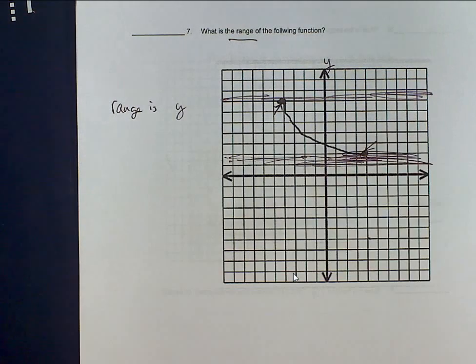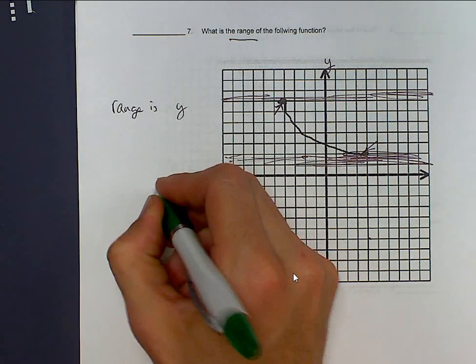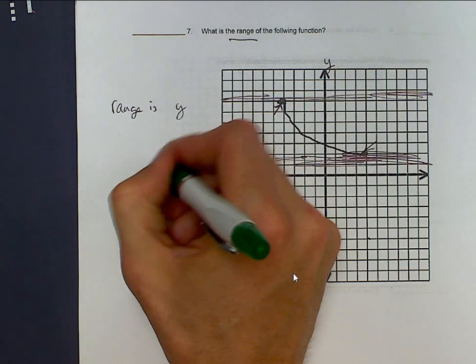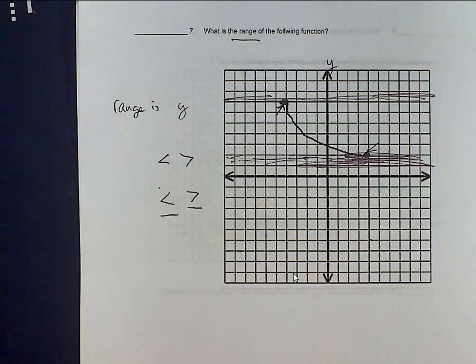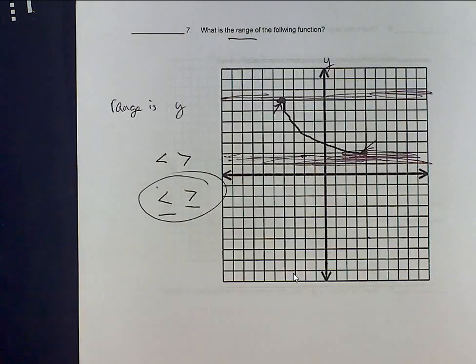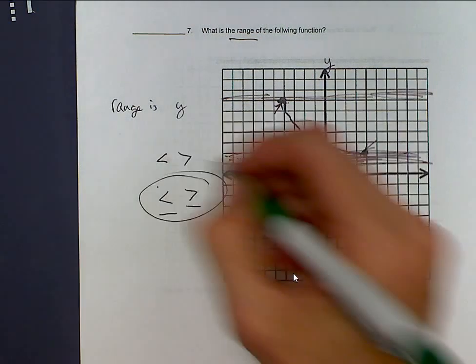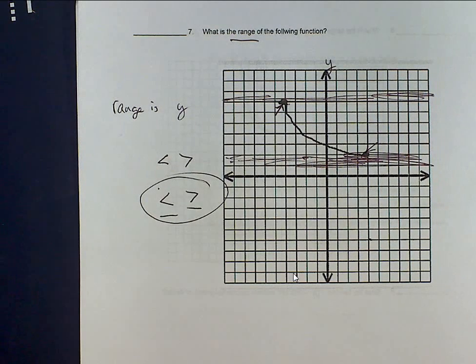What do closed mean? Okay, with inequalities, is it like this or like this? Which one is it? It's these, because closed circles mean that it can equal. Open circles cannot equal.